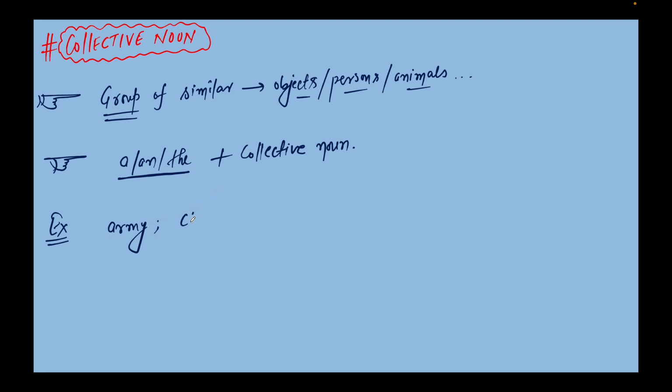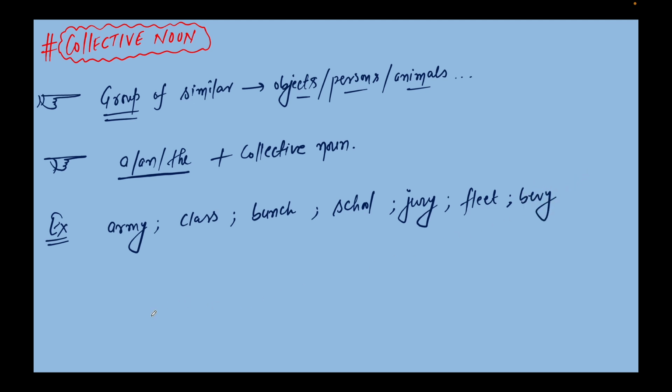If I'm saying class, you can use 'a class' and 'the class'. If I'm saying bunch, you can use 'a bunch', 'the bunch'. School, jury, fleet, baby.